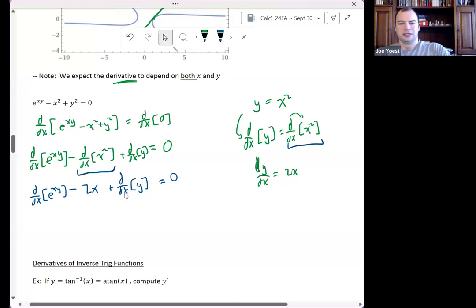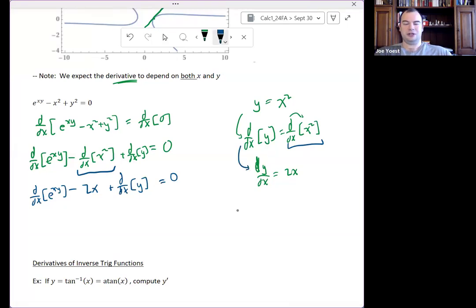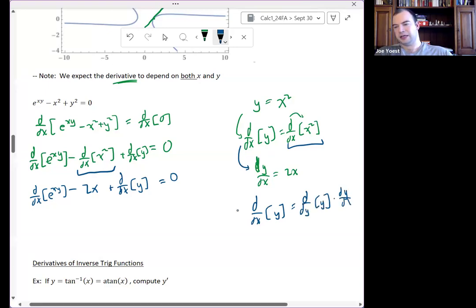Now, if I want to do d by dx of y, how can I think of that? I suppose on one hand, I can just think of it as the notation dy dx, or I can remember that d by dx of something, I can change the variable I'm differentiating with respect to, d by dy of stuff times dy dx.